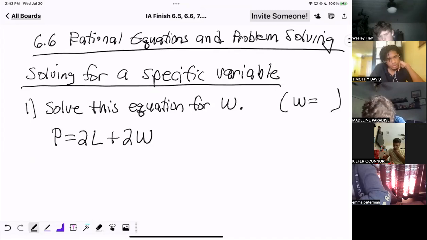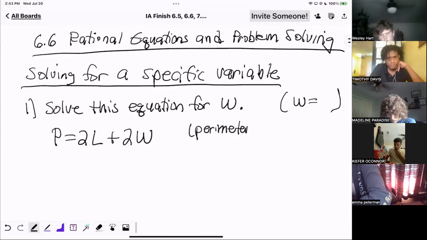Anybody recognize the equation? You use it a lot. If you said perimeter, you're right. Perimeter equals 2 times the length plus 2 times the width. That's the formula. That's not important.